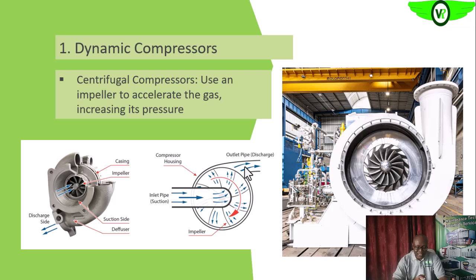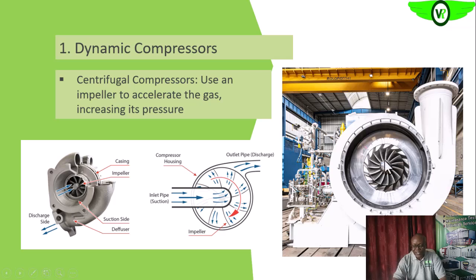That is, the impeller, as it is turning, creates lower pressure at the suction end. That lower pressure drags the gas in, and then as it comes in, you see that there are vanes on the impeller. These vanes will now accelerate or add kinetic energy to the gas molecule.